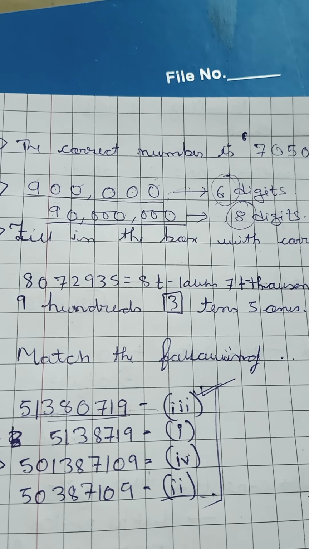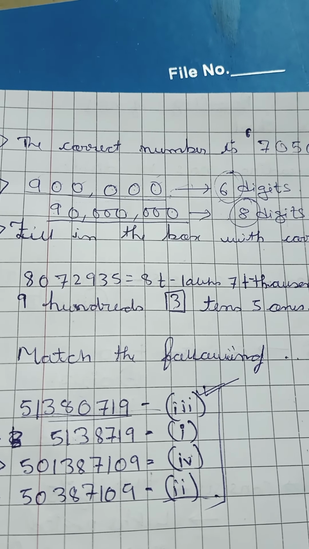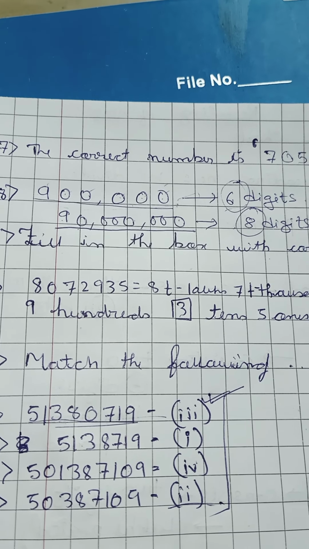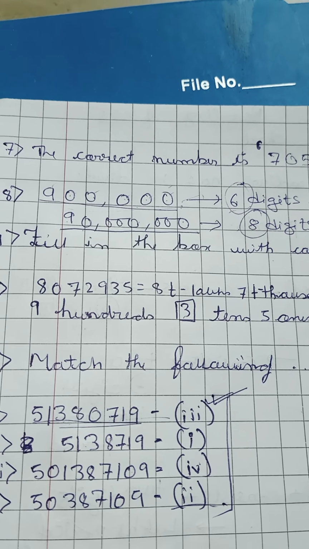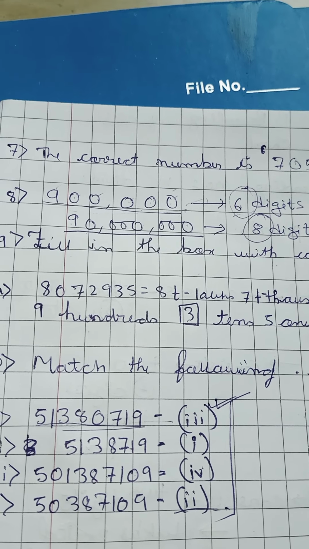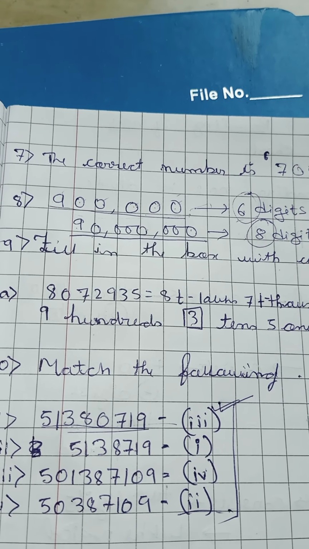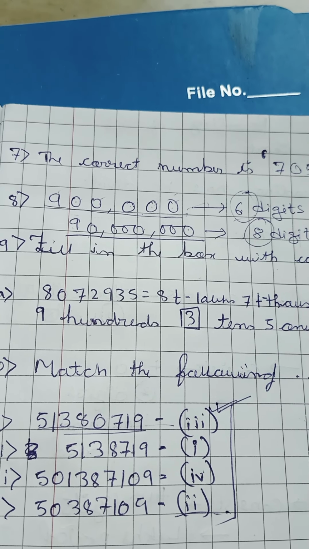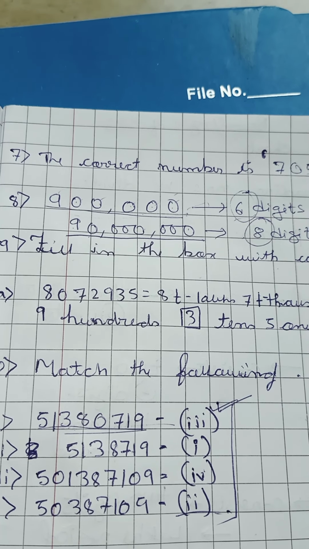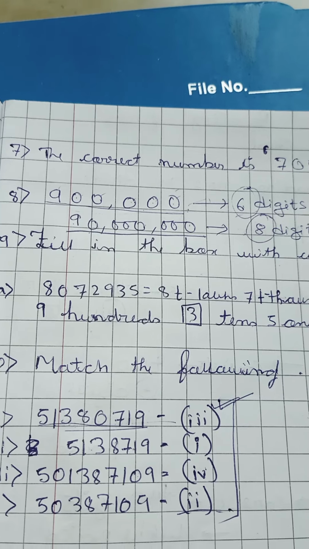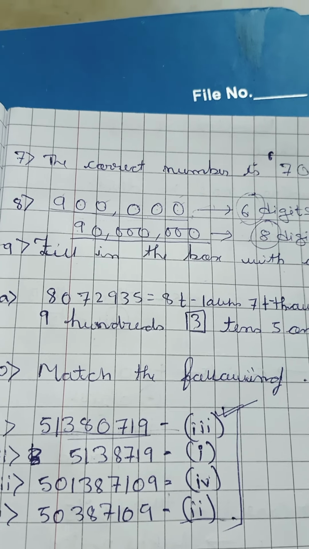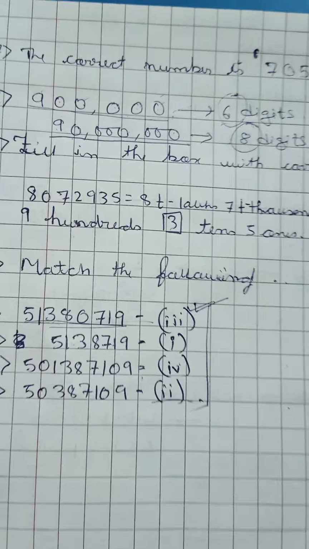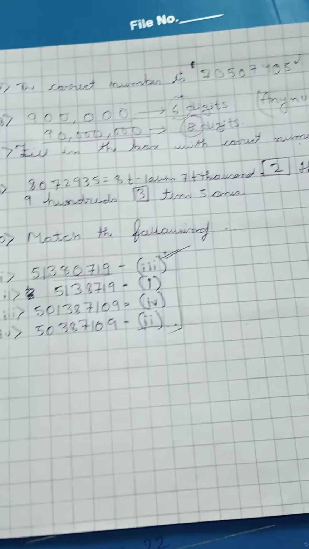Rohan was asked to write the number given in words, that is 7 crores 5 lakhs 7,405. And he wrote something different in numerals. It is different from the words.